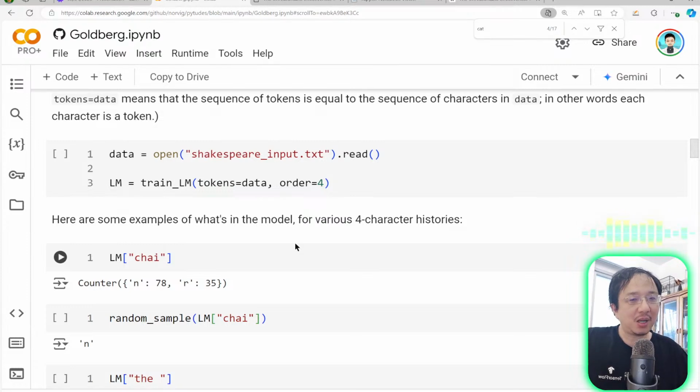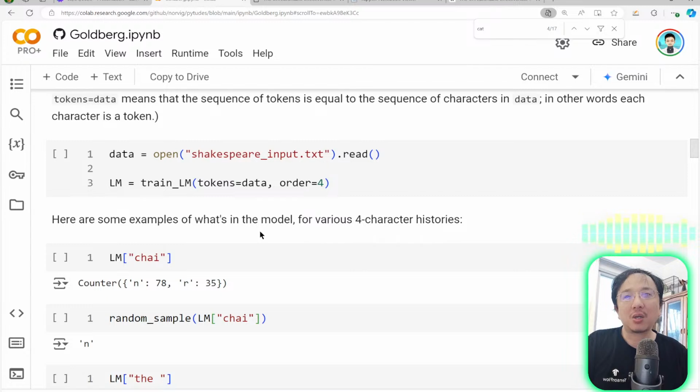Okay, so you can see that although I put some effort and time to explain it, the code itself is quite simple compared to the large language model and all other things.